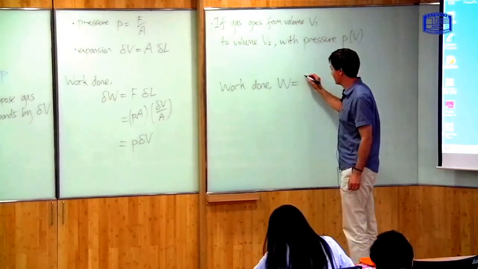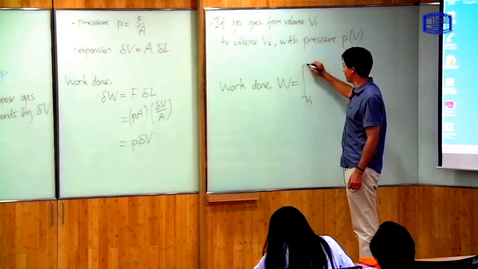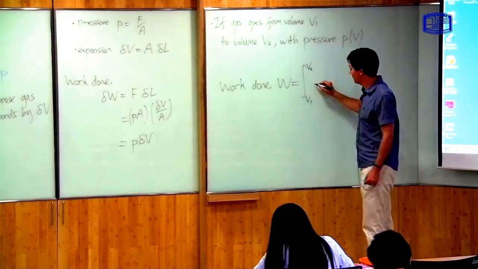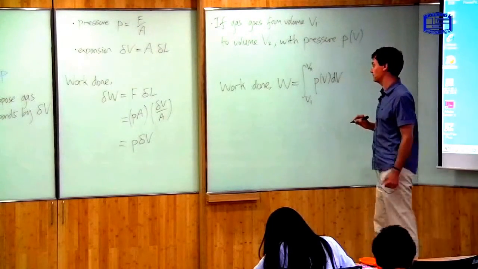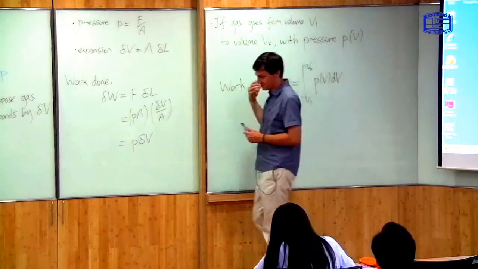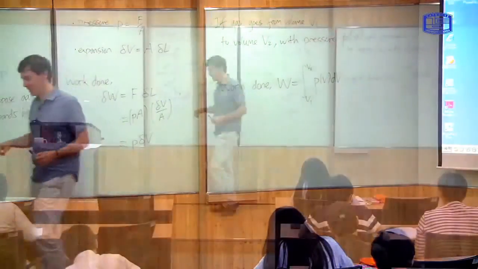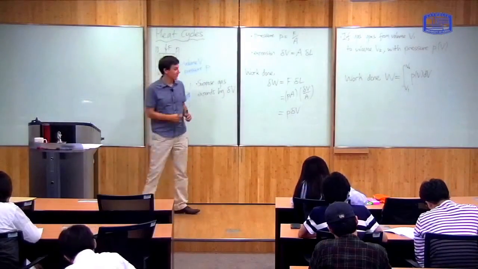So in other words, the work done is the integral from the initial volume to the final volume of P of V dV. So that's a central equation in working out how these heat cycles work.